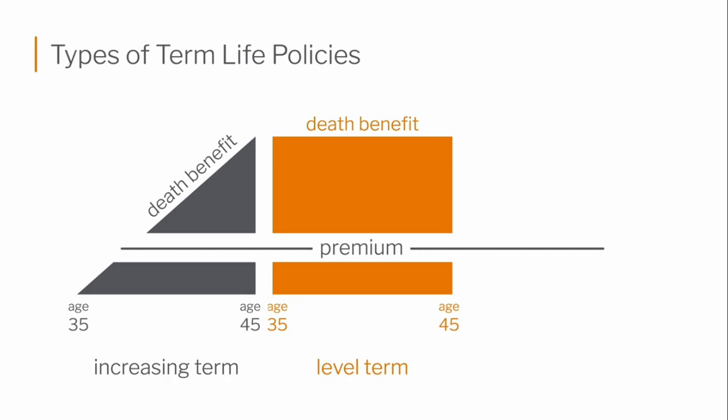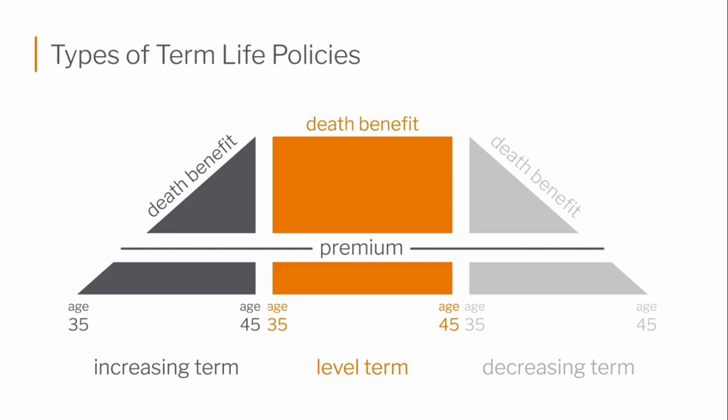So the death benefit is the same, the premium is the same. Let's say you do a 10-year level premium. It's exactly that. The premium, instead of going up every year like stair steps, is going to be level for that period of time: 10 years, 20 years, 30 years. Also, the premium on this product stays level.